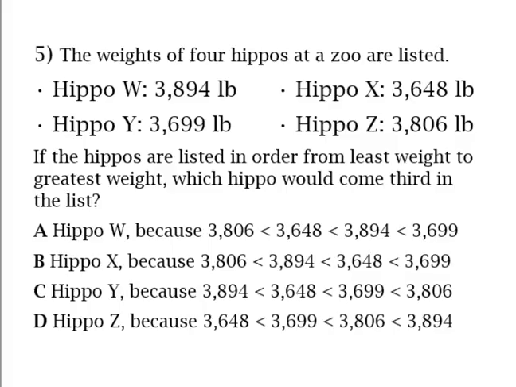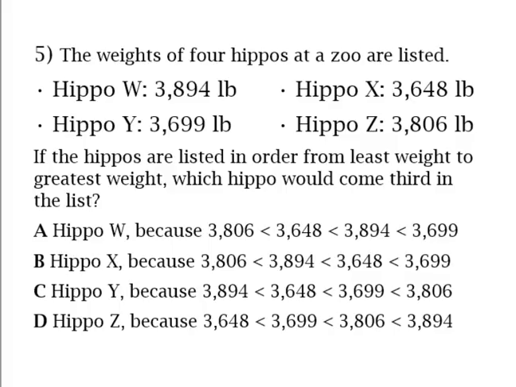B. Hippo X, because 3,806 is less than 3,894, is less than 3,648, is less than 3,699.